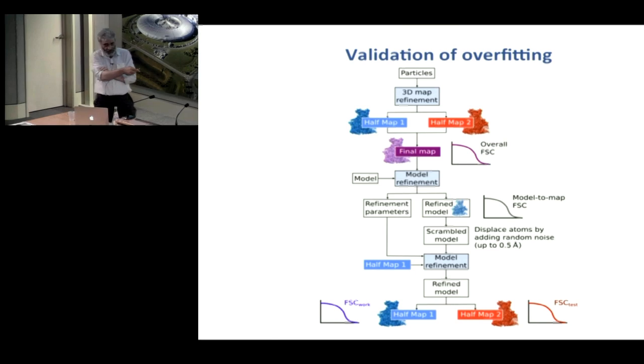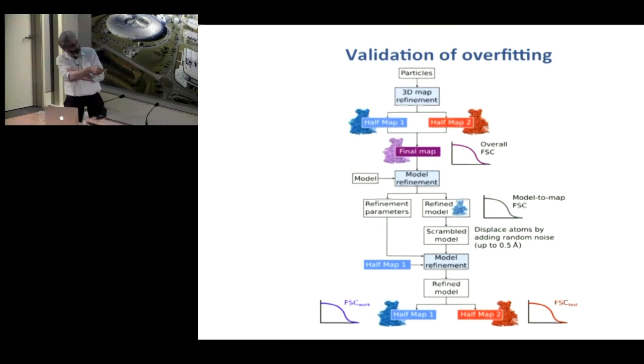If there's no overfitting, then the map you fit your model into gives you your fit, and the map you didn't use gives you your prediction error. By increasing the number of parameters, you can make this FSC as good as possible.